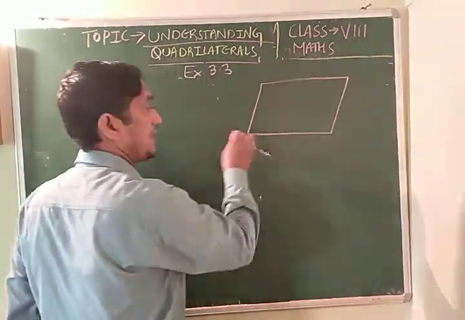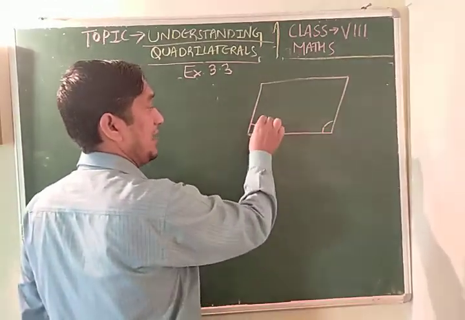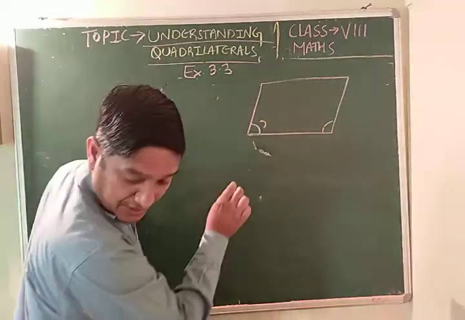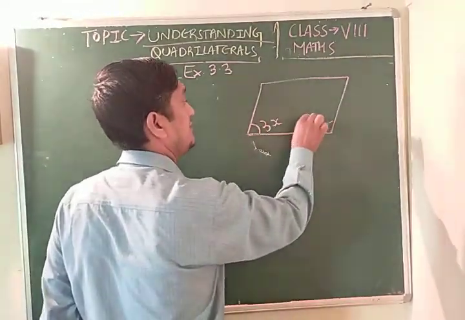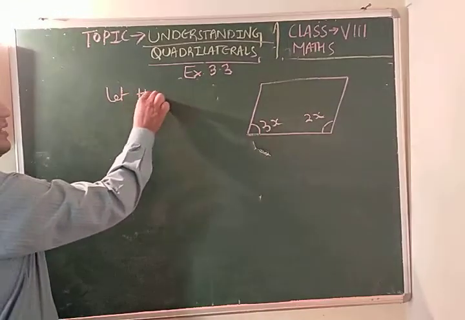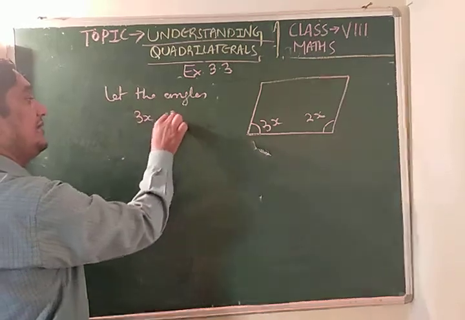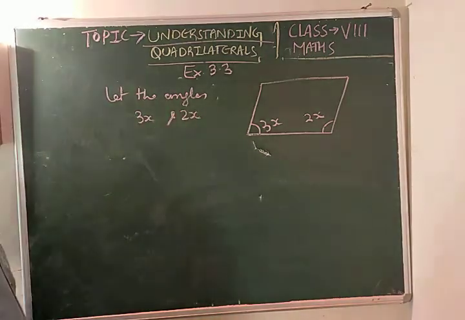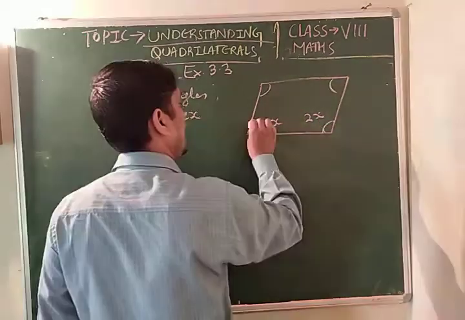Let us suppose this is a parallelogram and these two adjacent angles are in the ratio 3:2. So let this angle be 3x and this angle be 2x. Now children, we have to find all the angles.